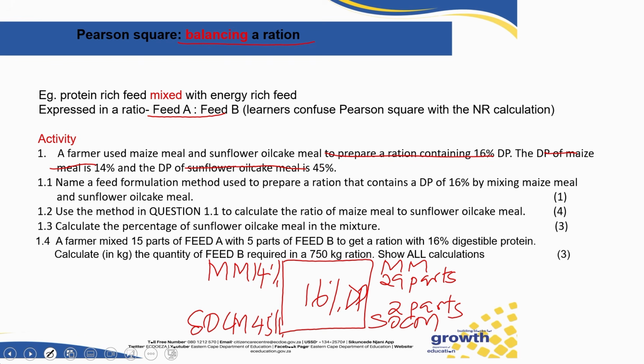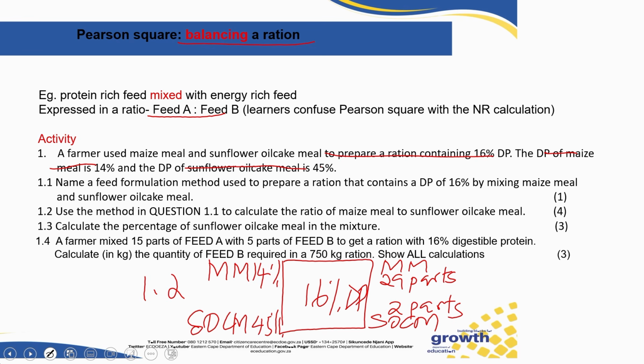So the question says to calculate the ratio. So we are doing 1.2. Use the method in question 1.1 to calculate the ratio of maize meal to sunflower oil cake meal. So the ratio, you are not done, Mfundi, until you write the ratio.